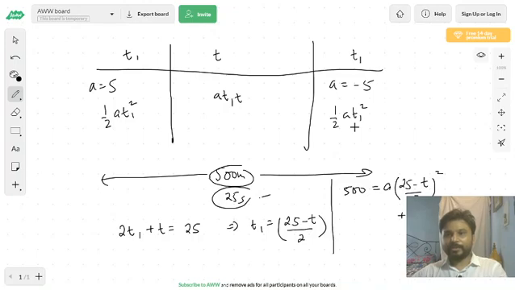Now we put the value of acceleration over here. The acceleration is 5, so this would come out to be 100.